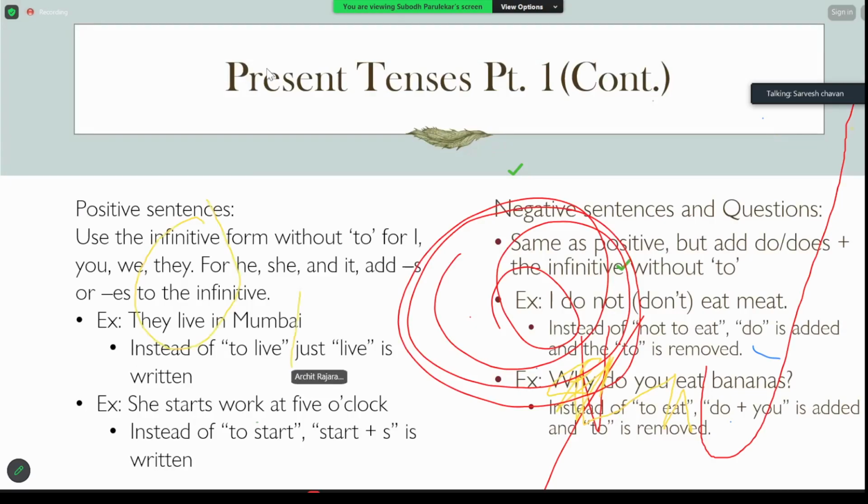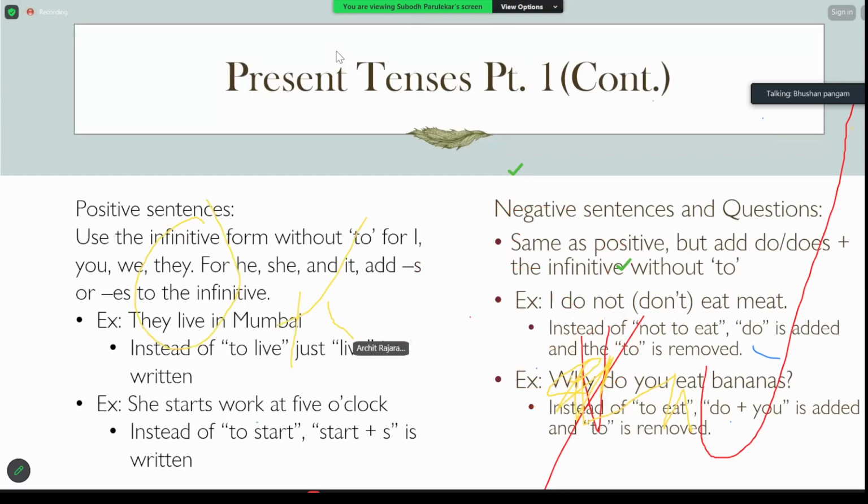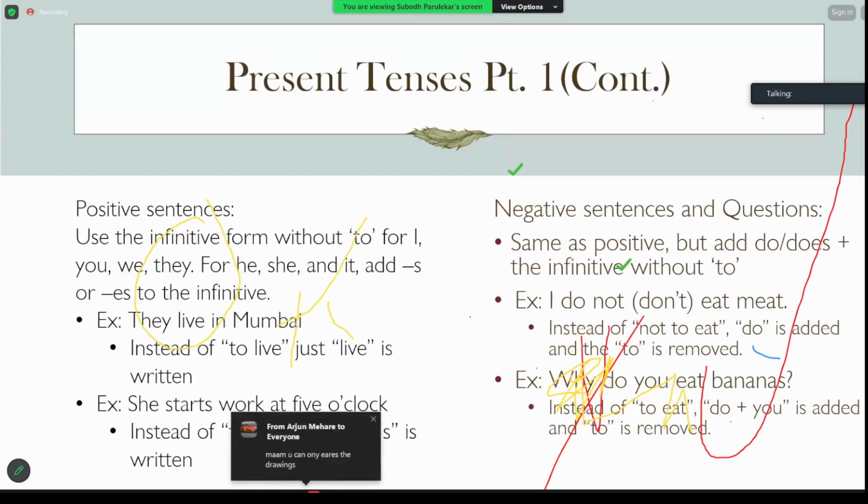Ma'am, I write all part. Archit, what are you doing? That's great. Good job. Okay. If everyone's ready, we can move on.